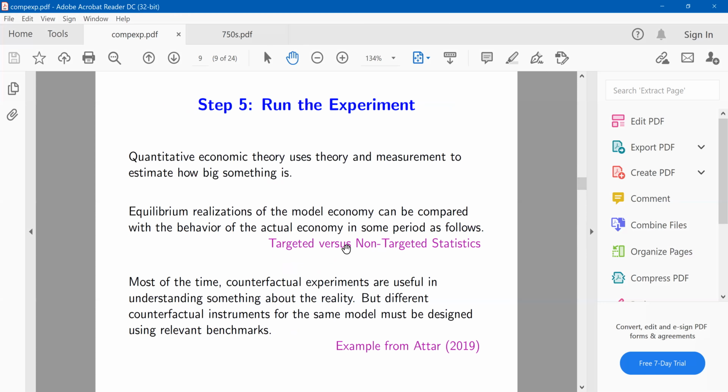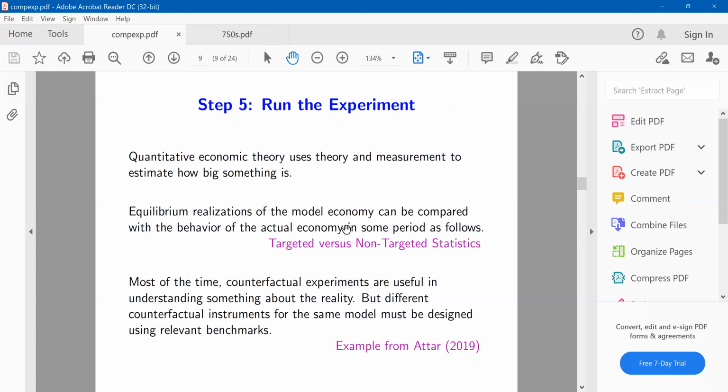A couple of things that you should be careful of. One is that to evaluate the success of your model, you have to look at non-targeted statistics.